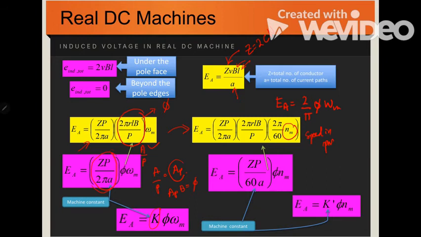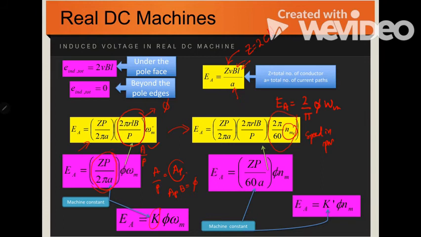Because to change from RPM to radian per second, we have to multiply by 2 pi over 60. And therefore you have this term. So it is the same thing as the one you see on your left, but right now we just change this term from omega to RPM.